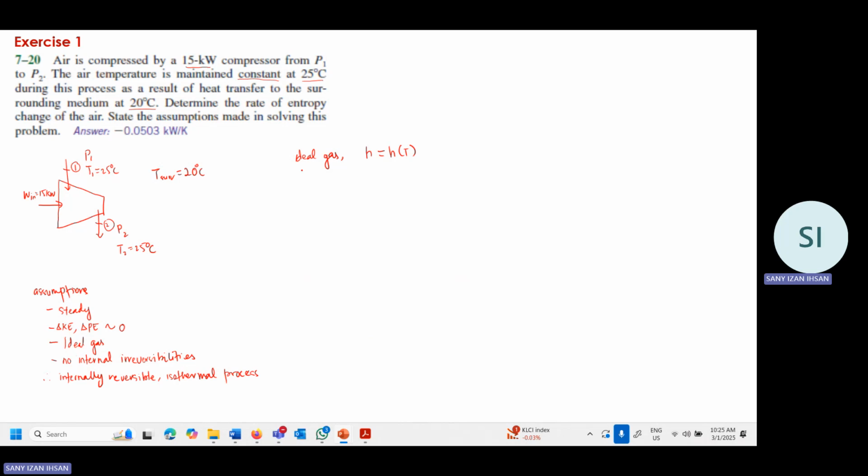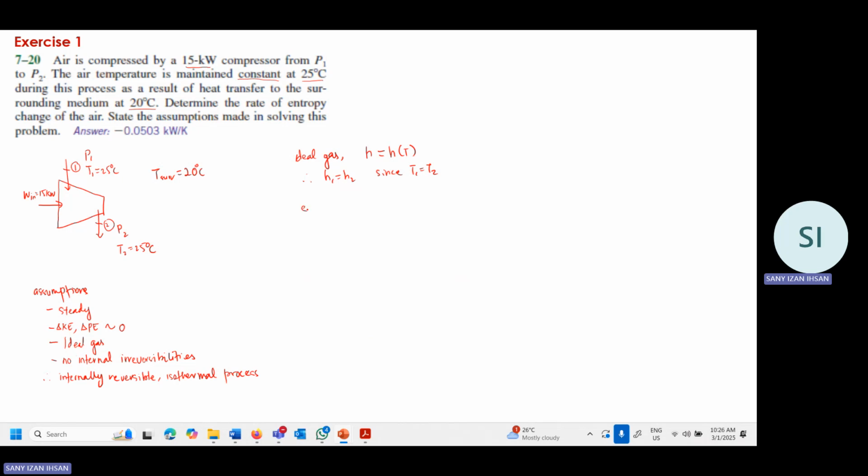Since temperature is constant, this is also very important: since temperature doesn't change, and enthalpy is a function of temperature only, we can say that H1 equals H2, since T1 equals T2. Constant temperature gives constant enthalpy, and this is only true for ideal gas, based on that assumption.